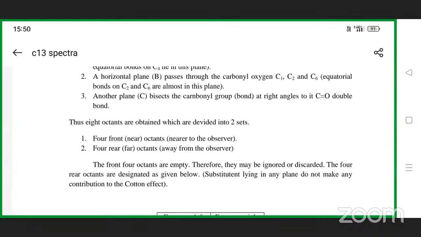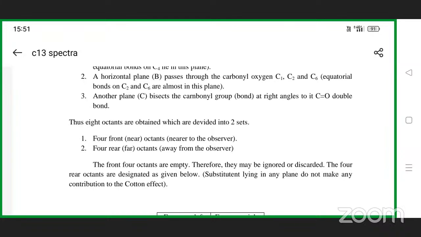Based on these three planes, we divided this cyclohexanone into two sectors, and the two sectors are further divided into 8 sectorials or 8 coordinates.